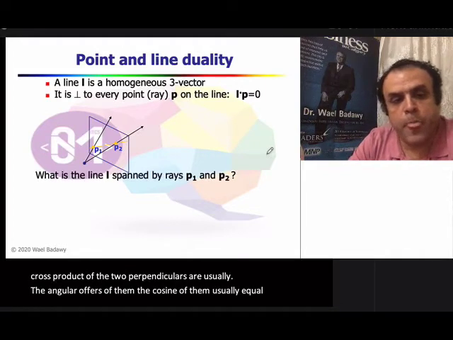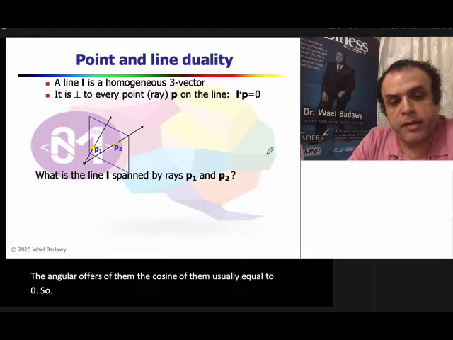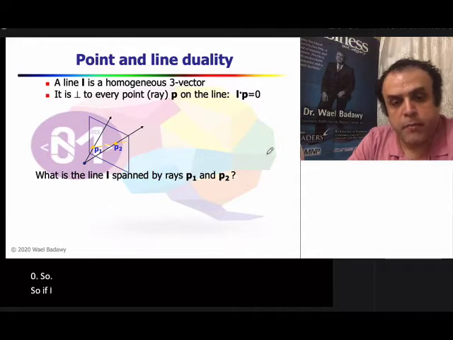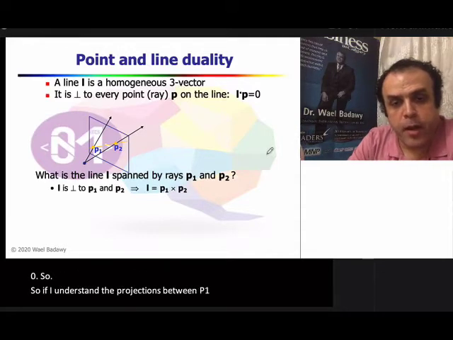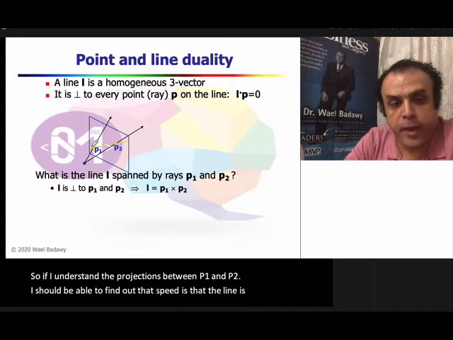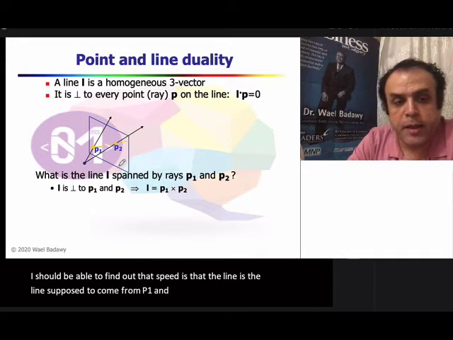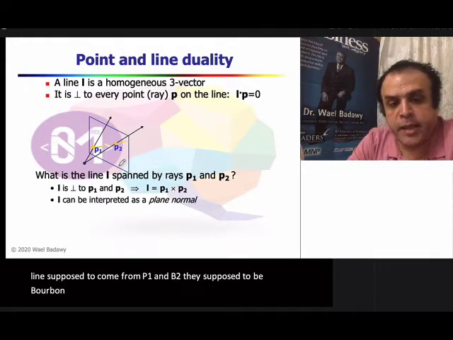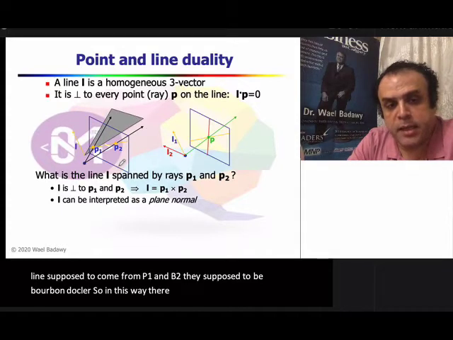So if I understand the projections between P1 and P2, I should be able to find out that the lines coming from P1 and P2 are supposed to be perpendicular. In this way, they can be interpreted as a plane.